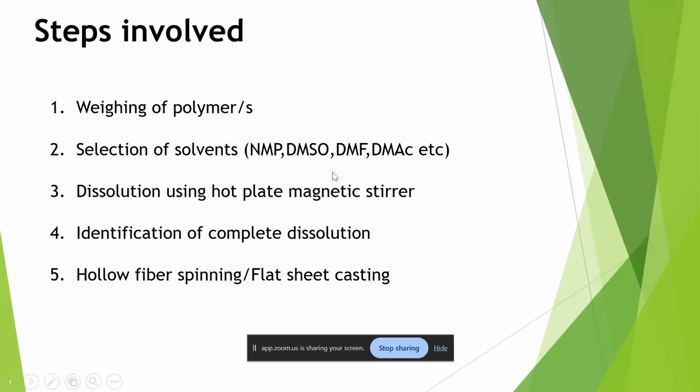The most fundamental thing is to see whether any clumps are there, or whether the dissolution is not complete because of the presence of highly viscous or thick solutions in between. And after the identification, we can go for the hollow fiber spinning or the flat sheet casting.